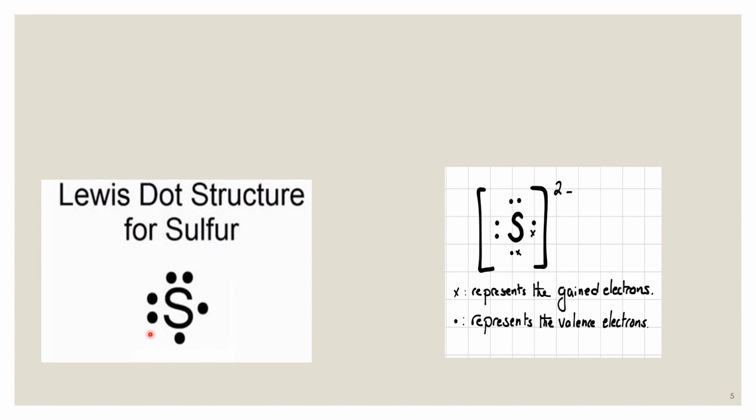Therefore 6 dots are shown around the sulfur in this dot structure. When sulfur gets 2 electrons, it will become S2 minus. So the S2 minus ion dot structure is shown here. Here 2 cross marks represent gained electrons.